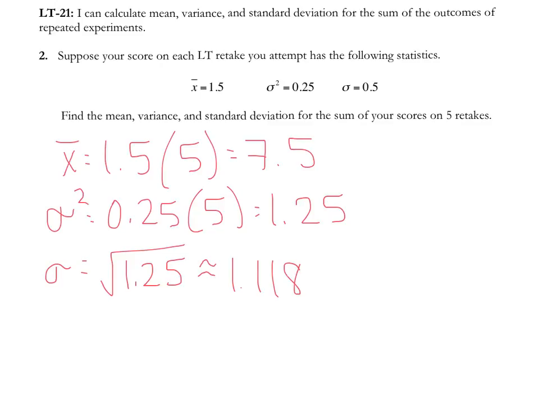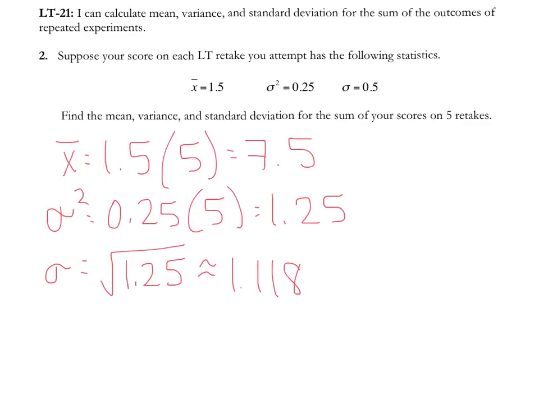So let's just quickly review what we do to find the mean, the variance, and the standard deviation for the sum when you do an experiment a bunch of times. To find the new mean, we take the mean for each experiment and multiply it by however many times you do the experiment. The same sort of thing works for the variance.